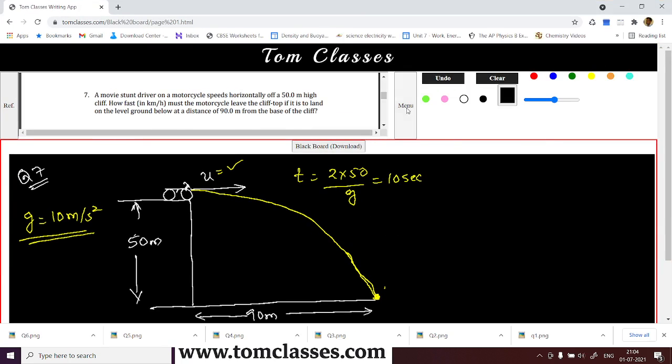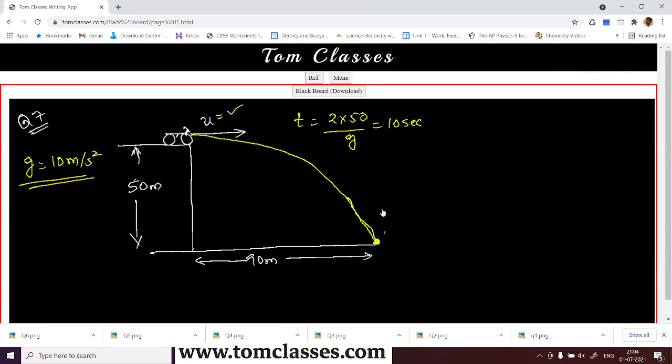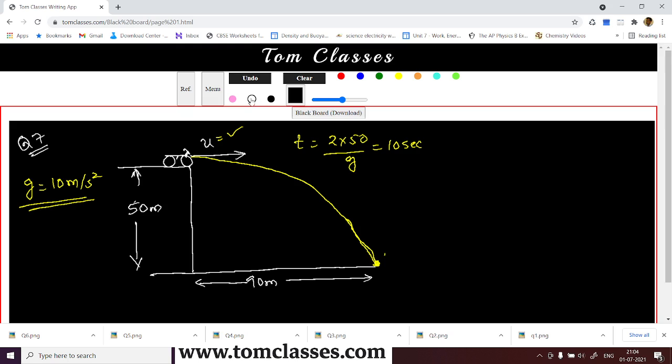Is that okay or not? Yes, sir. Okay, so the biker will be over here. This is the 10 seconds it has taken. Now this horizontal distance is given to me, right?